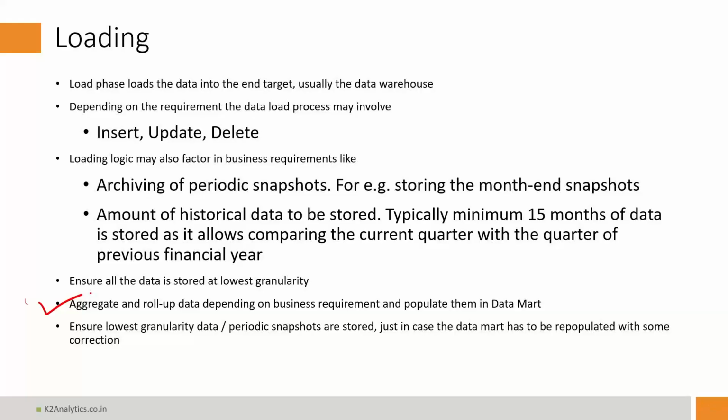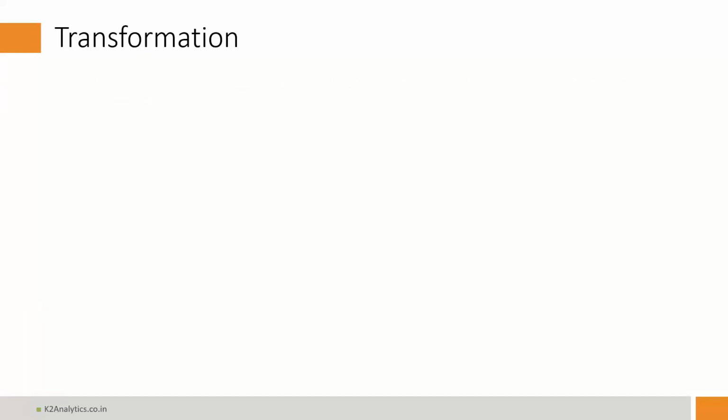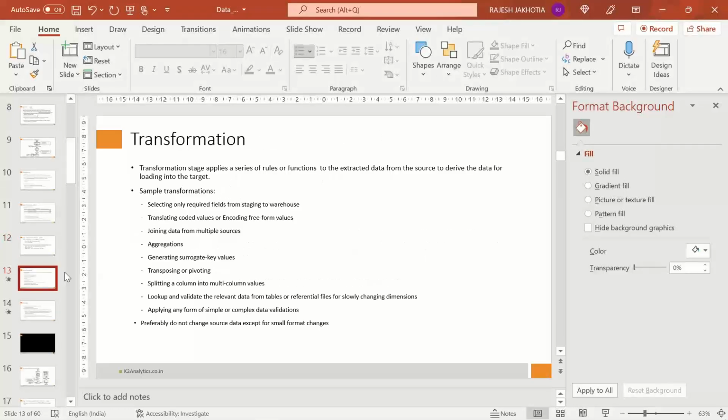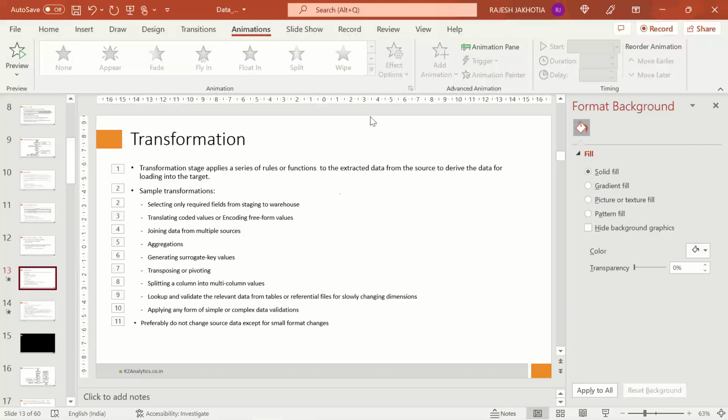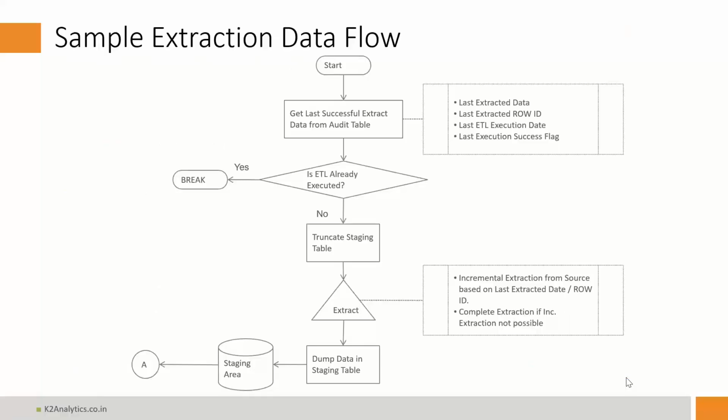In the E part, in the extraction stage, let me remove the animation from here. If you see the extraction part, after you have put the data in the staging area, you don't update the audit table.